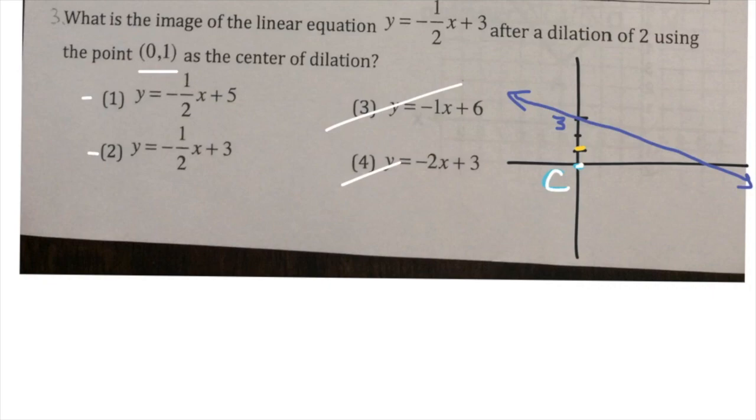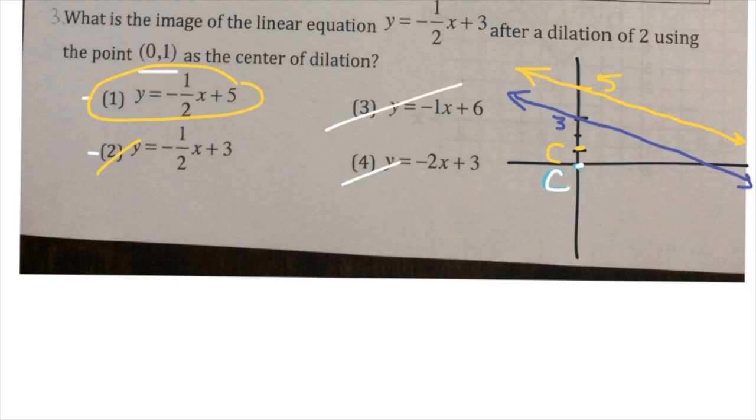And when we dilate the purple line at that center, it will bring the line, or the image of the dilation, closer to the purple line than if the center of the dilation was lower. So it does make sense that it would be choice number 1. It would be choice 2 if the center of the dilation was touching the purple line originally.